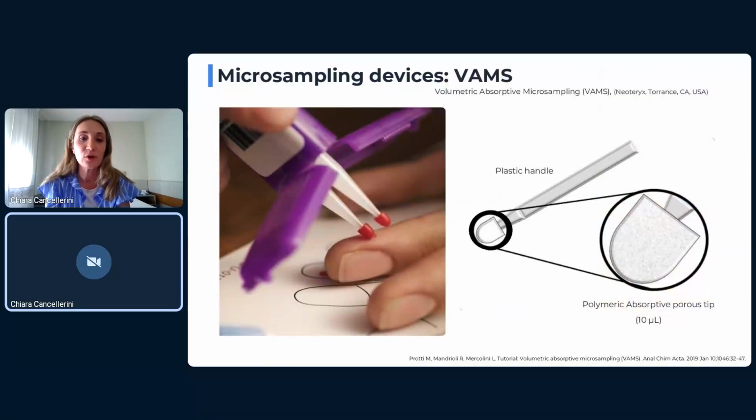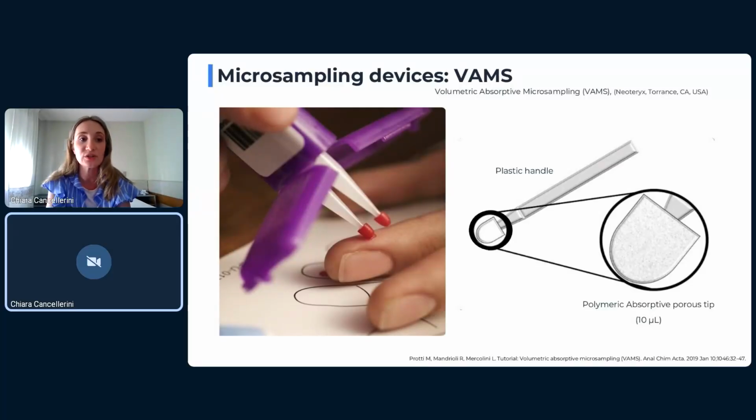So for all the research that we performed, we focused our attention on VAMS technology, volumetric absorptive microsampling. As you can see, these devices consist of a plastic handle with a specialized polymeric tip.